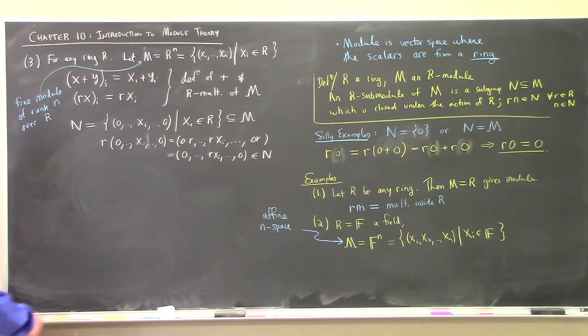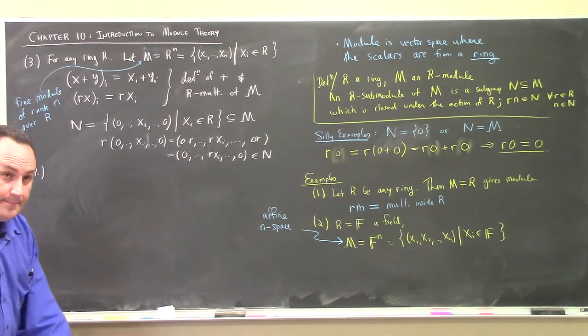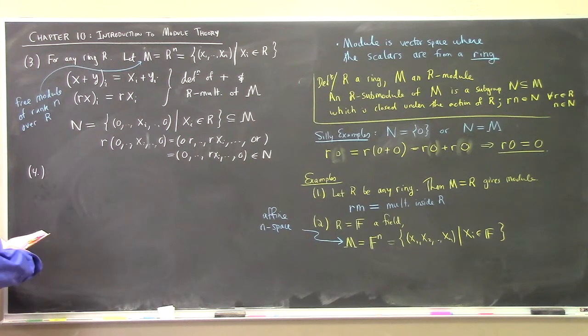Example 4. This is the fourth example here. He says the same abelian group may have the structure of an R module for a number of different rings R, and each of these module structures carries useful information.